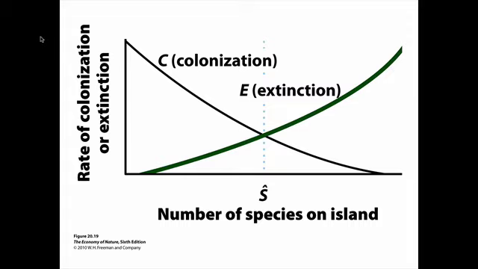Competition for resources increases, and as interspecific competition increases, individual fitness goes down, reproductive rates go down, the population size goes down. This is one species that has a large population because it has the island all to itself.